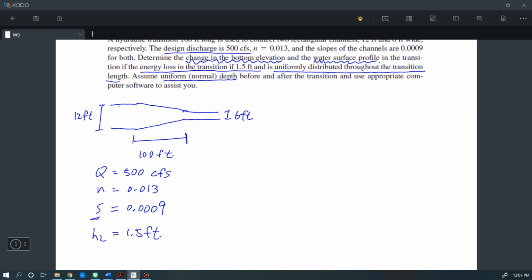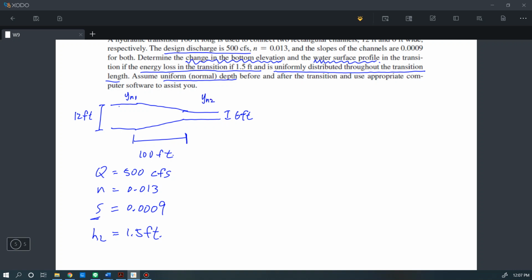Because the problem already tells us to assume the uniform depth before and after the transition, the first thing that we need to do is to calculate the normal depth for this wider channel and this smaller channel. As a notation, for this wider channel we have the normal depth yn1, and for this smaller channel we have the normal depth yn2.